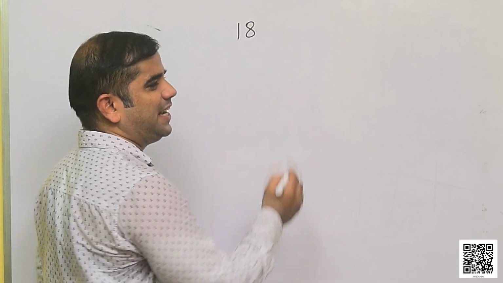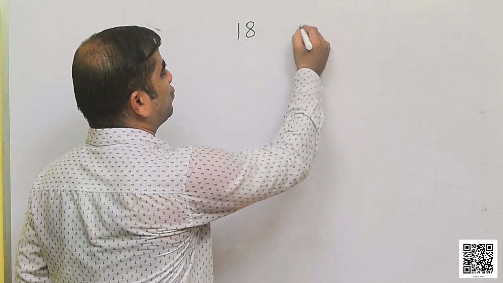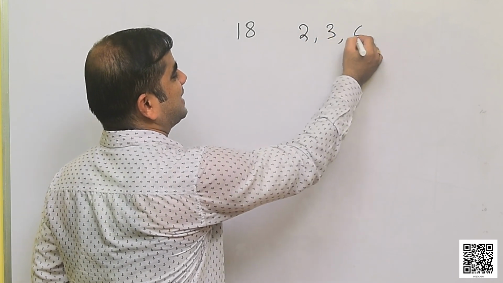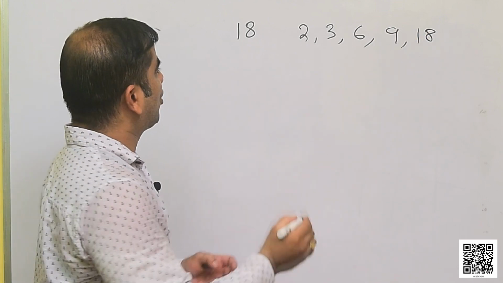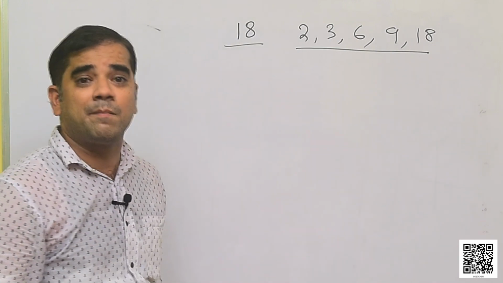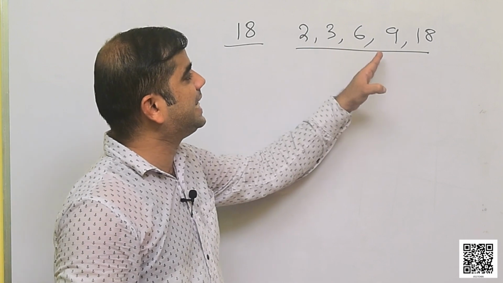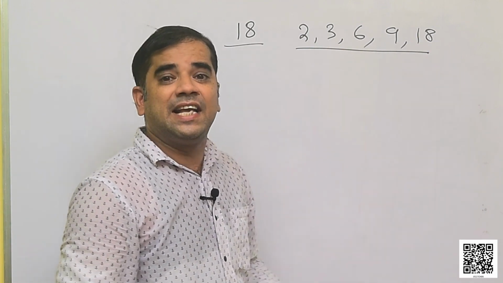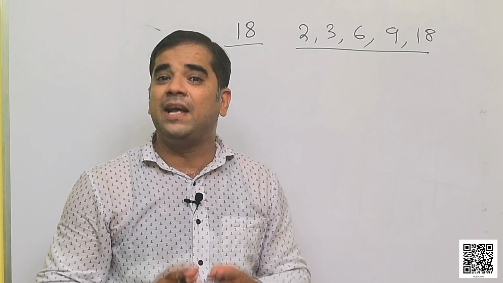I say that these bangles can be arranged in the groups of 2, 3, 6, 9, 18. Why so? Because 18 is completely divisible by all these numbers. So when I divide 18 by 2, 3, 6, 9, 18, they give me remainder 0. So no bangles will be left.